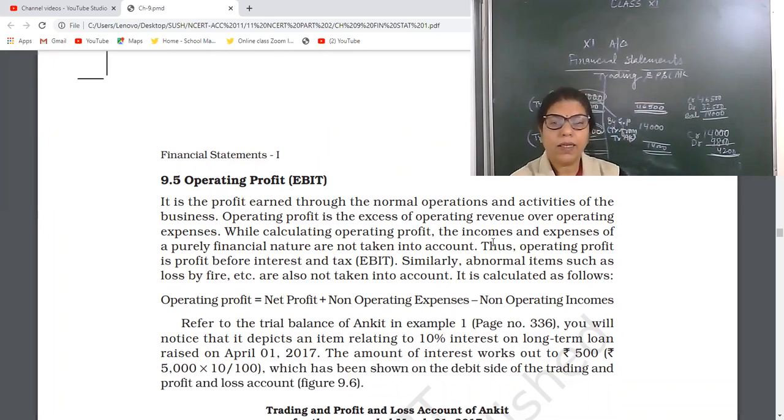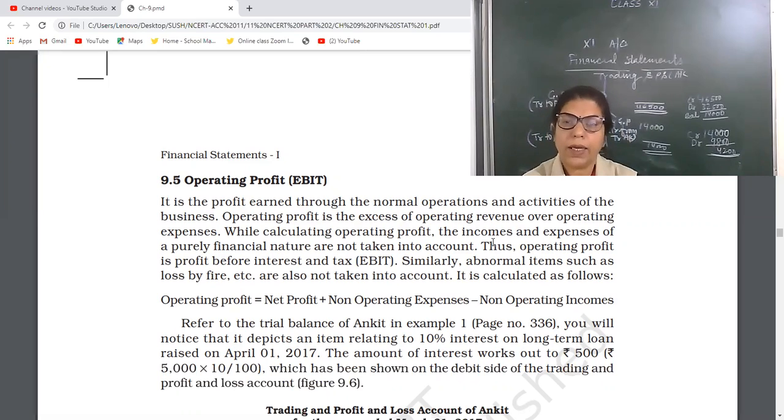That's why earning before interest and tax is also known as operating profit, and abnormal items are not included. Abnormal means which are not normal, like loss by fire. Loss by fire is an abnormal loss.